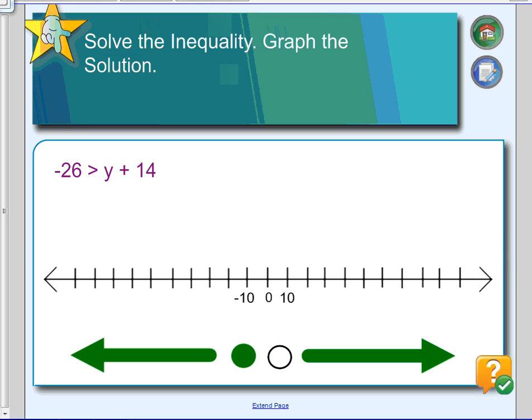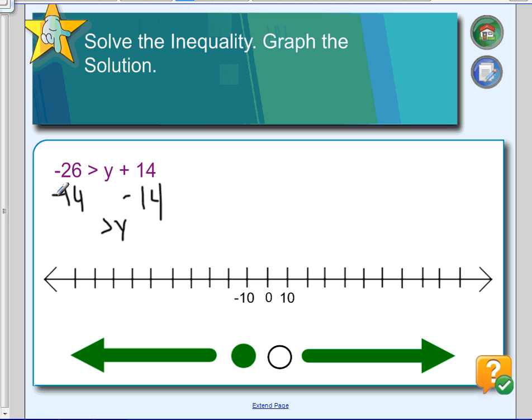All right, one last example for the night. We have negative 26 is greater than y plus 14. We're going to solve it, get y by itself, isolate the variable: minus 14, minus 14. We're going to have y left on this side, and negative 26 minus 14.